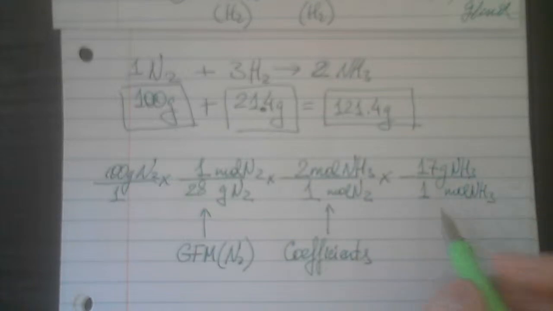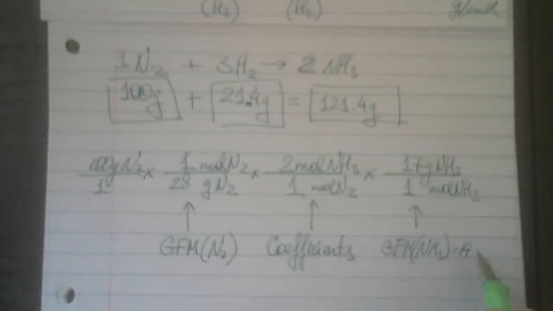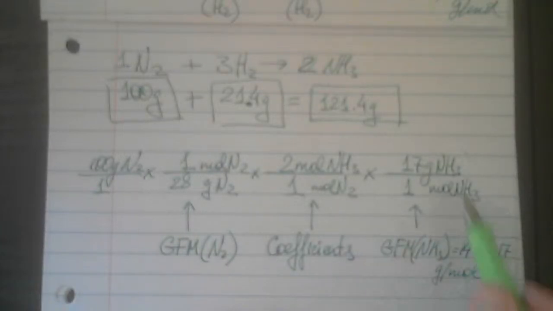I know that because I calculated the gram formula mass of NH3 and it turned out to be 14 plus 3, it is 17 grams per mole.